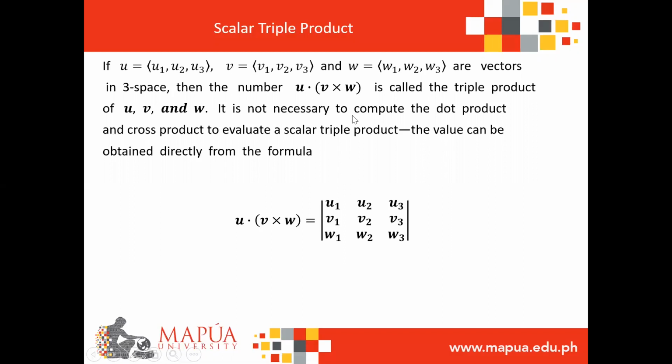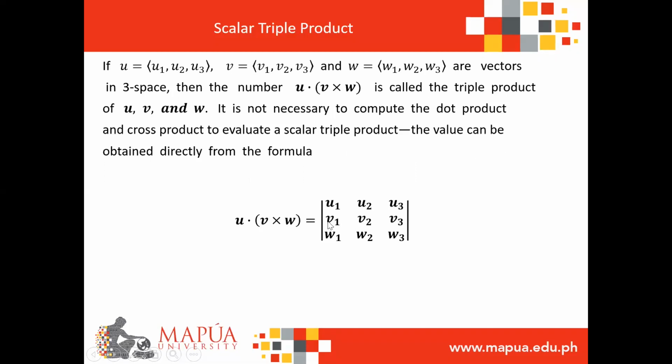It is not necessary to compute the dot product and cross product to evaluate a scalar triple product. The value can be obtained directly from the formula: u dot quantity v cross w is equal to, we have here a matrix, that is we have u1, u2, u3 as its first row.